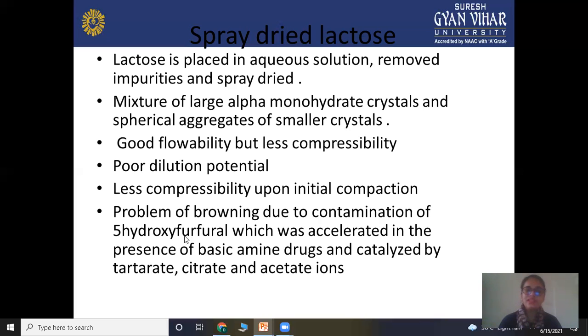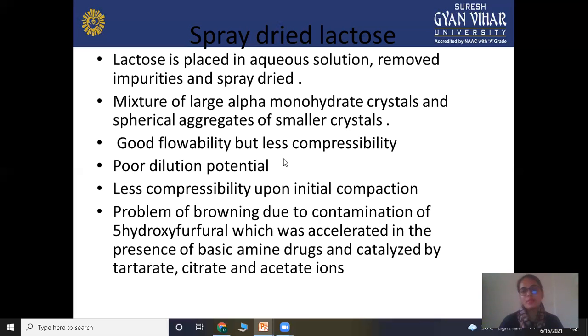Problem of browning due to contamination of 5-hydroxymethylfurfural, which may accelerate in the presence of basic amine drug and be catalyzed by tartaric acid, citric acid, acetate ion. Means this spray dried lactose is somewhat better than simple lactose, and it is modified by the spray dried technique.